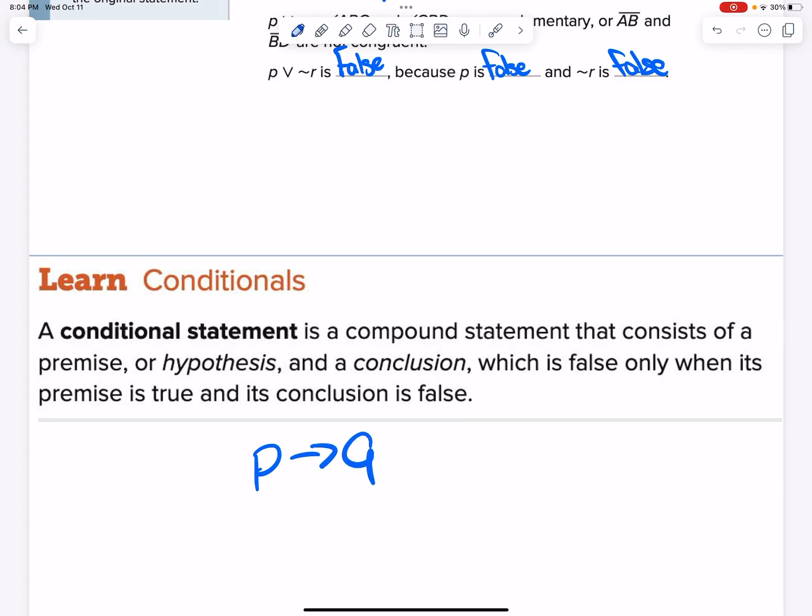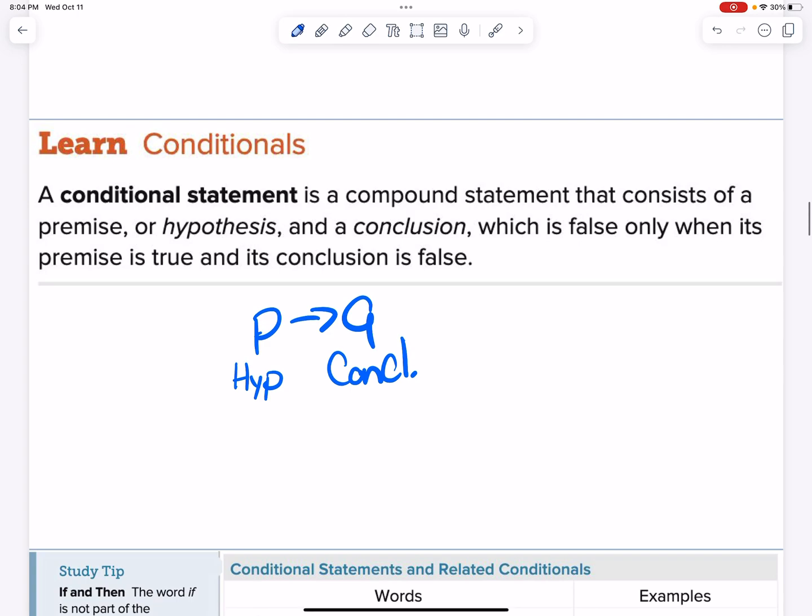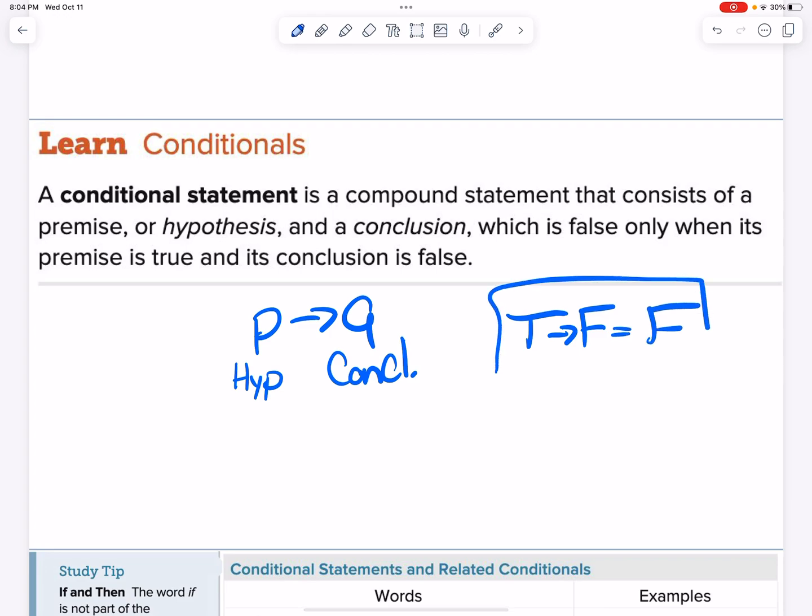It's going to have a premise or a hypothesis, and it's going to have a conclusion. And what this is saying is that as long as it's not true implies false, it's going to be a true statement at the end of the day.